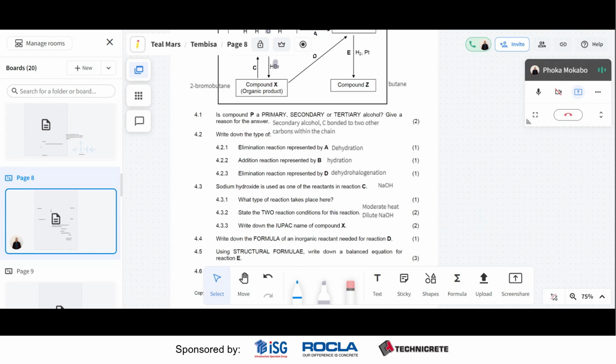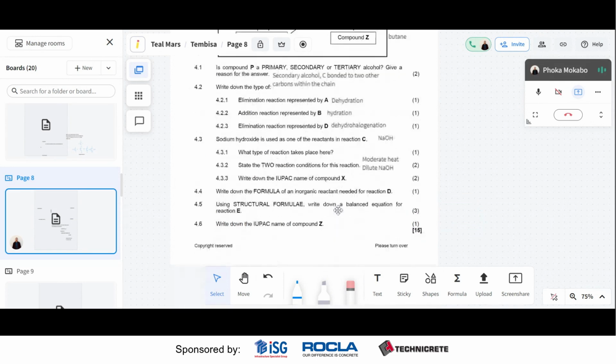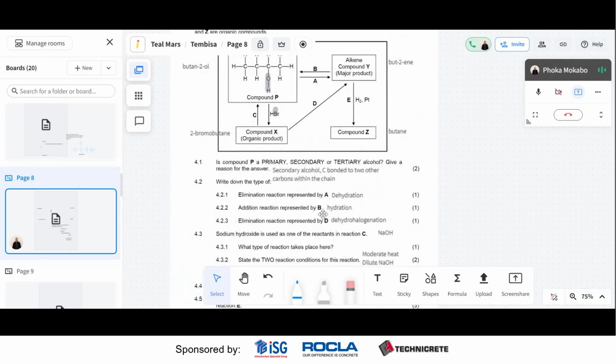With dilute NaOH, the sodium hydroxide does not carry enough moles in it in order to completely facilitate the removal of that hydrogen bromide, and so therefore it will almost settle for a substitution to introduce the OH.